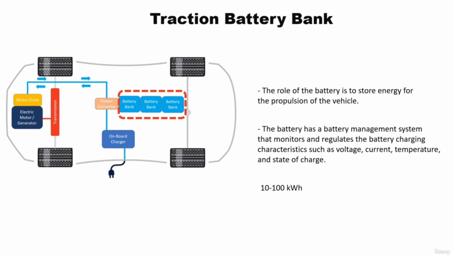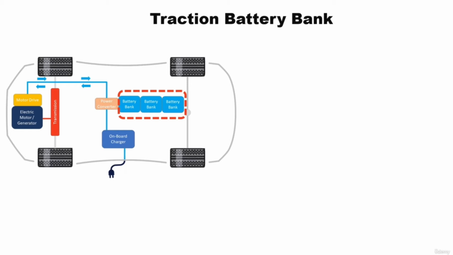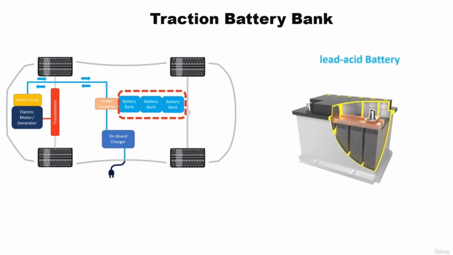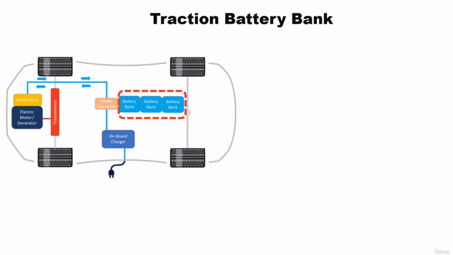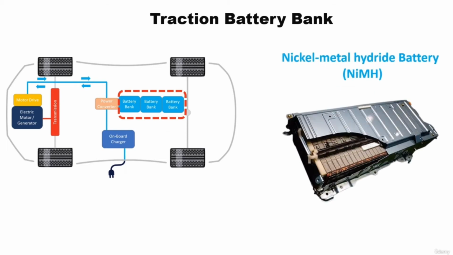Let us now look at the battery technologies that have been applied to electric cars. First is the lead acid. The prospects for the use of lead acid batteries in EVs are limited due to low energy densities, sensitivity to temperature, and life cycle. Next is nickel metal hydride batteries. They have been used extensively for traction purposes and are optimized for high energy content.